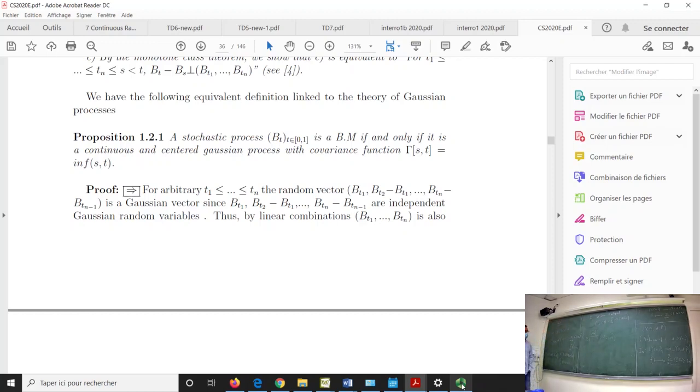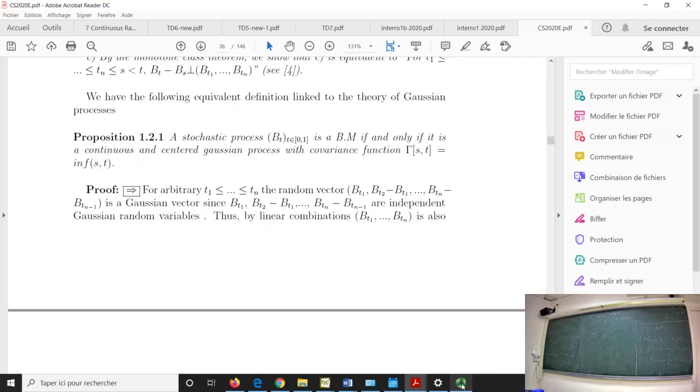So in order to check that this Bt gives rise to a Gaussian process, we are going to prove that the equivalent definition proposed in proposition 1.2.1 works. That is, we are going to prove that I have a Gaussian process here with a mean function equal to 0 and a variance covariance function equal to the minimum between s and t.